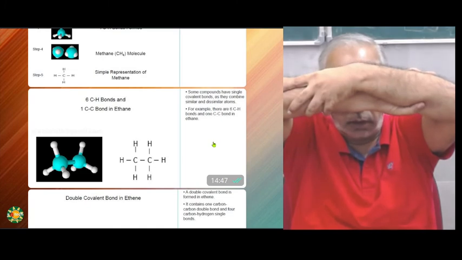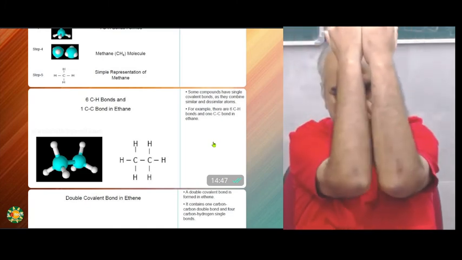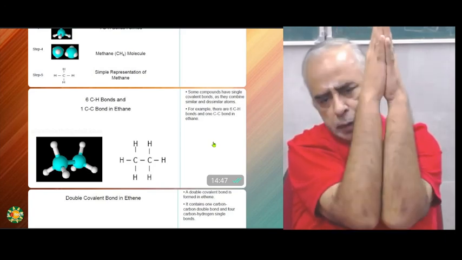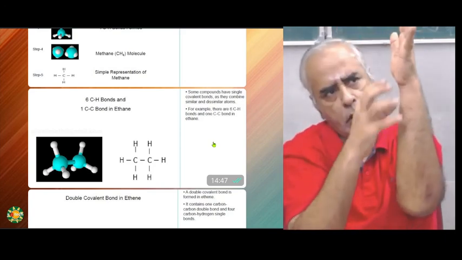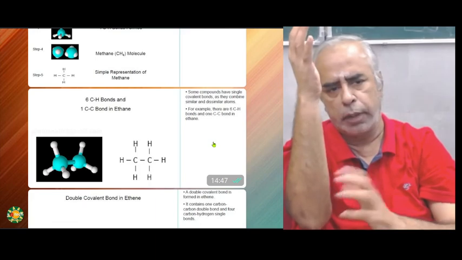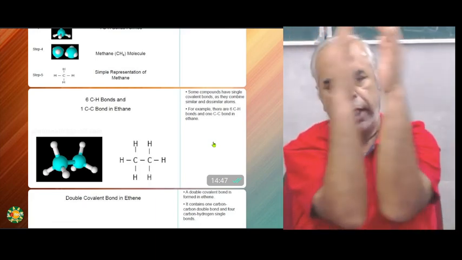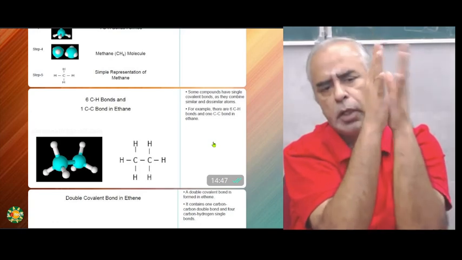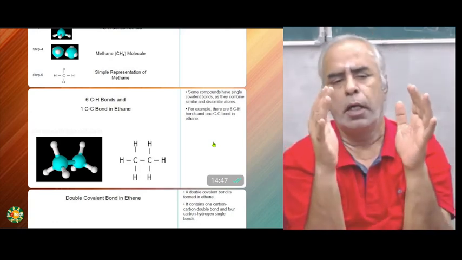Is it not? But when I combine like this, beyond certain limit, I cannot combine this. Okay? But there are lot of points of attachment. Unfortunately, the extent of overlapping is less. I cannot hold like this. Okay? So in that case, this is called pi bond.